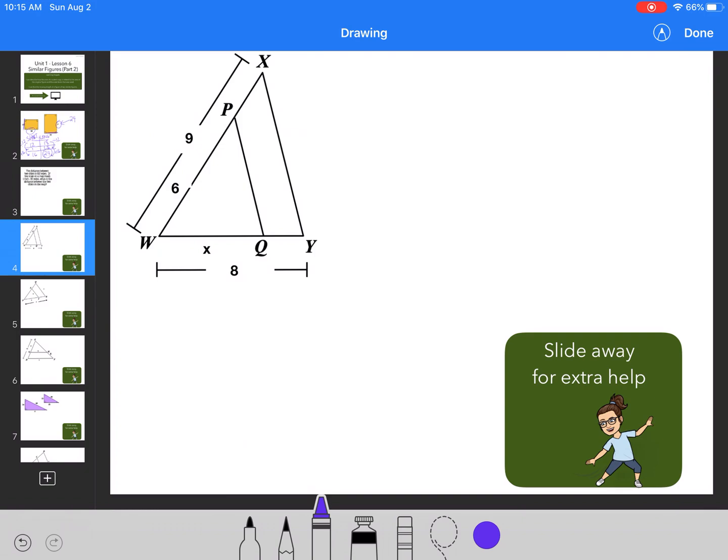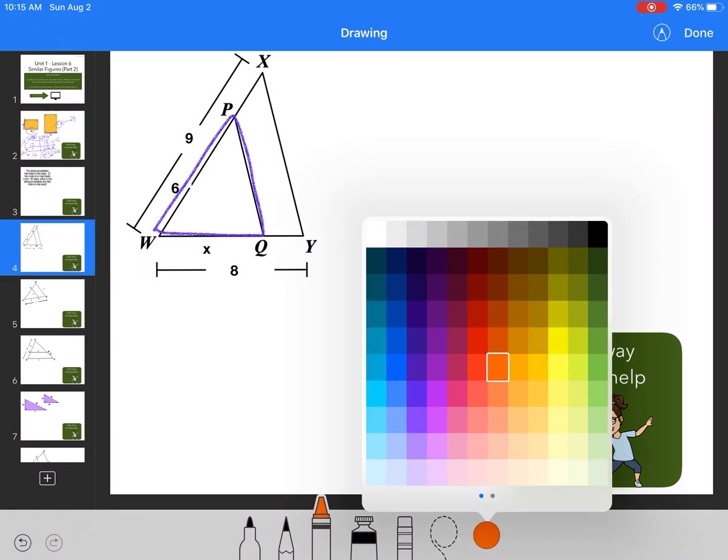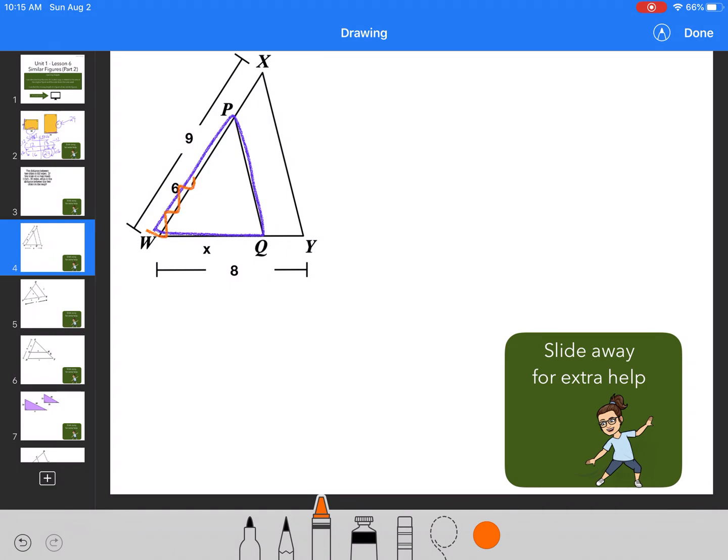Okay. Now I'm doing the same thing, but this is a shape inside a shape. And these were the hardest when I taught 7th grade many moons ago. So I'm going to just draw a line around it. So I want to find my corresponding sides. So I know that 6 goes with 9.